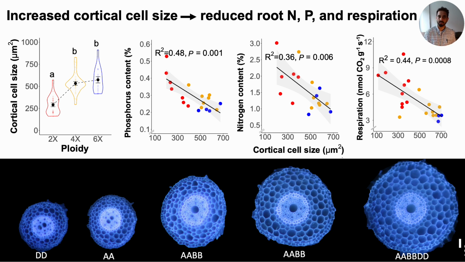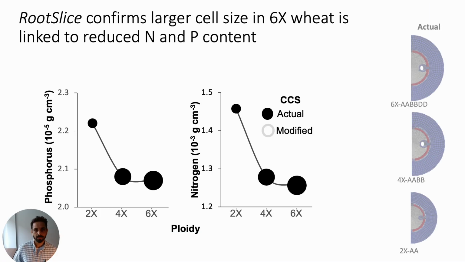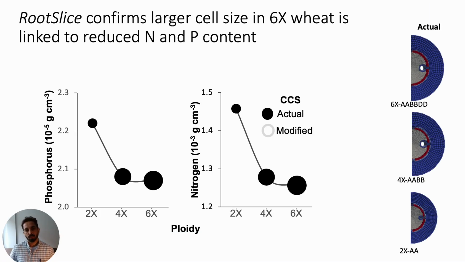Similar story to what we saw in maize, where the increases were not due to ploidy, but inherent increases in cell size. In this case, these cell size increases are induced by ploidy. So to further confirm that, we used root slices, where we simulated the actual cell size phenotypes for each ploidy level.